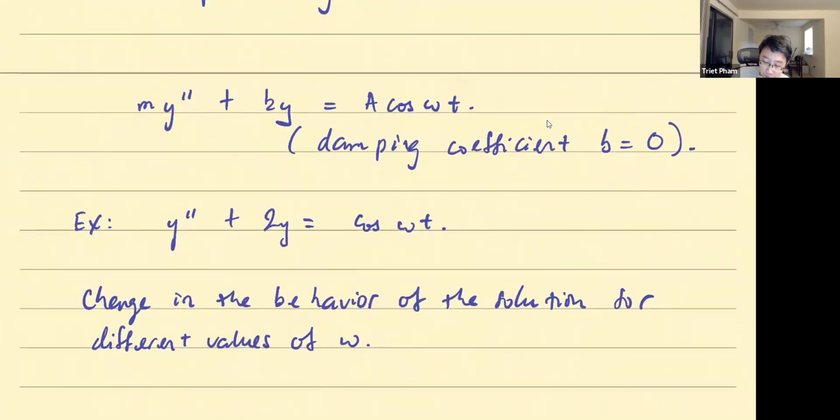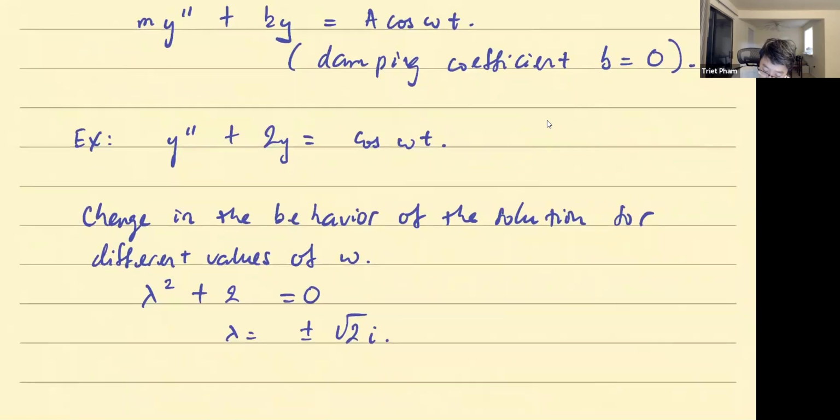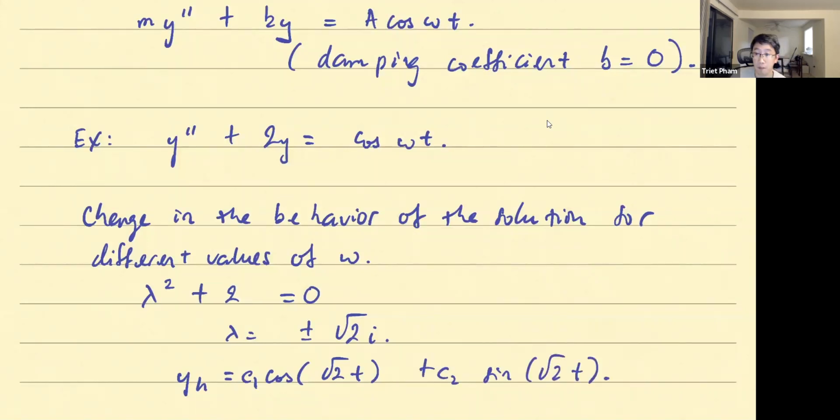So first of all, this is valuable in and of itself in terms of math. When you look at the homogeneous solution, you get lambda squared plus 2 equal to 0, so lambda is plus minus square root of 2 i. So yh is c1 cosine of square root of 2t plus c2 sine of square root of 2t. Okay.